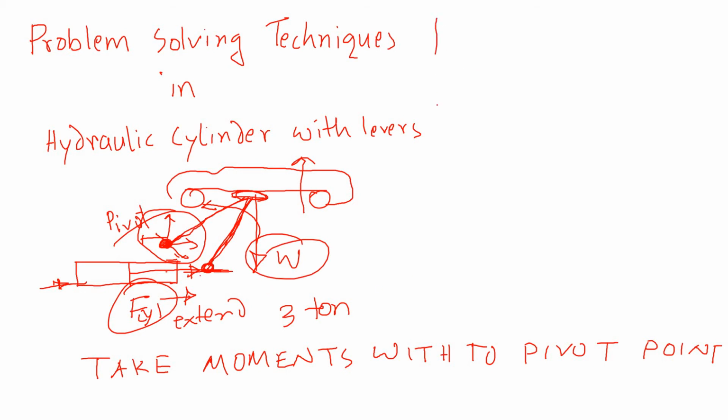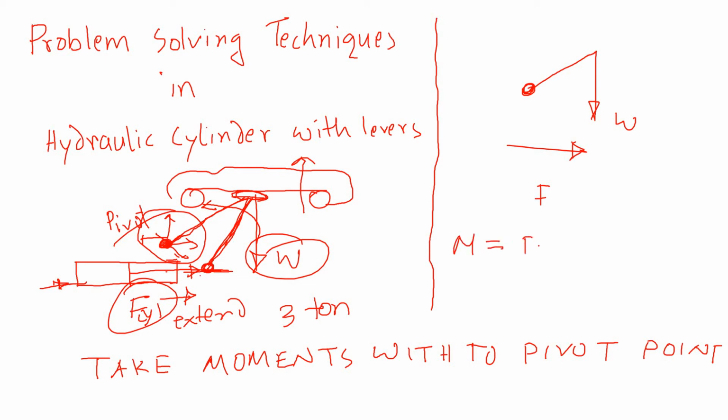Now, how do you take moments? There are two ways you can work on moments. If I redraw, it's kind of messy already, so let me just redraw it as W, and then you have a force here, and you're taking moments with respect to this point. The definition of moment is the force times the perpendicular, or shortest, distance.